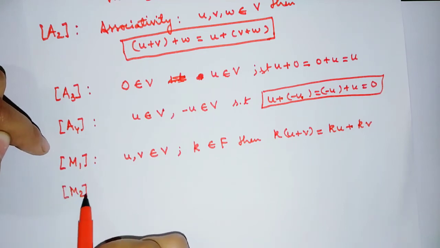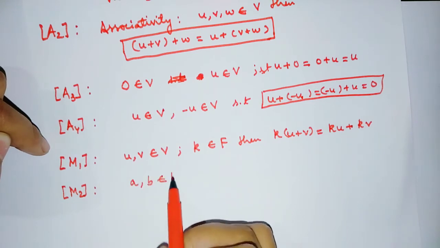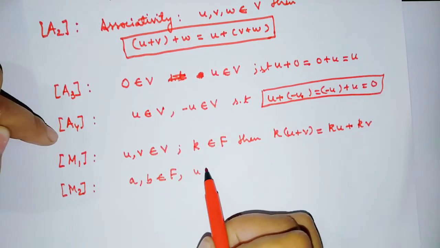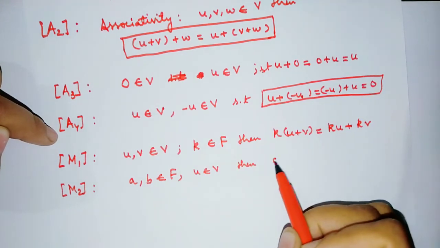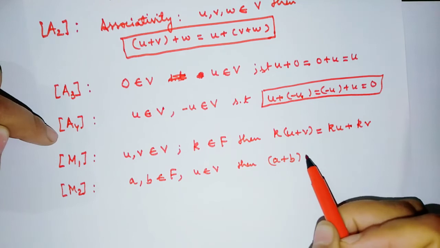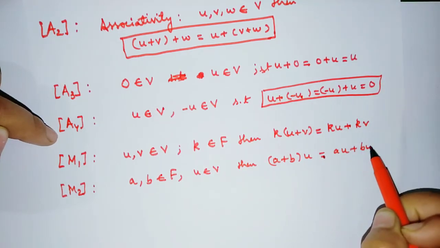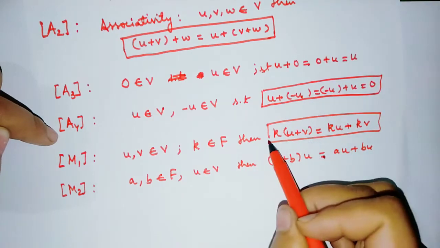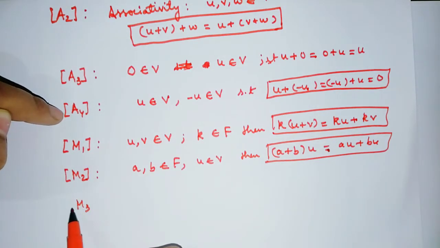M2. Now next, what do you do? Take two scalars, suppose a and b from F, and take one vector u from V. Then add these two scalars and multiply with the vector. This one should equal au plus bu. M3.